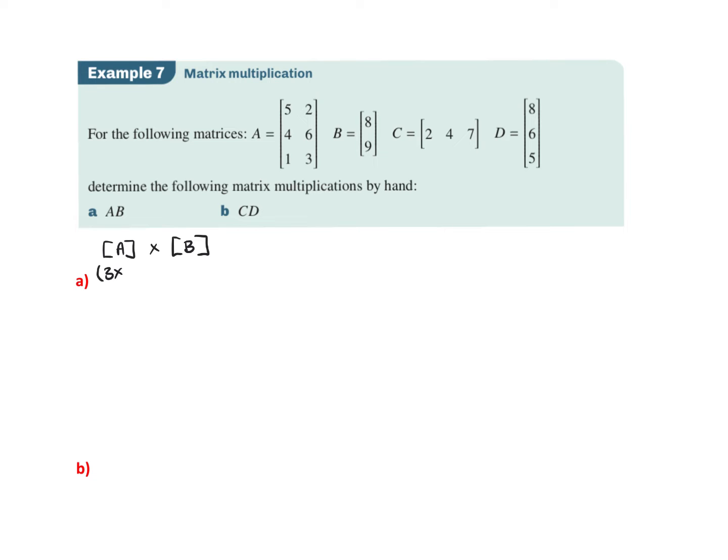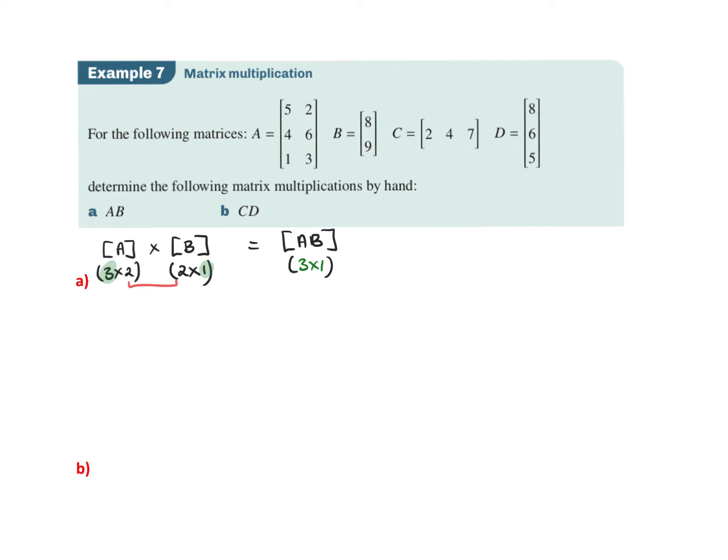A is a 3 by 2 and B is a 2 by 1. Okay, so when we end up with our answer, what order will our answer be? So it can be done, it is defined, and our answer is going to be a 3 by 1. Good. So we'll say a 3 by 1.